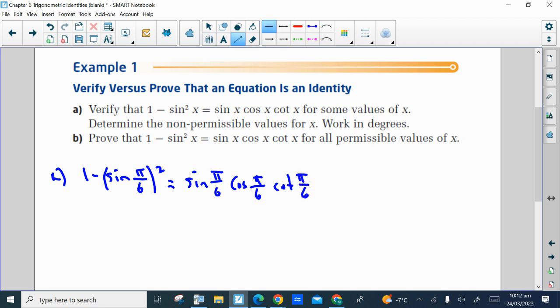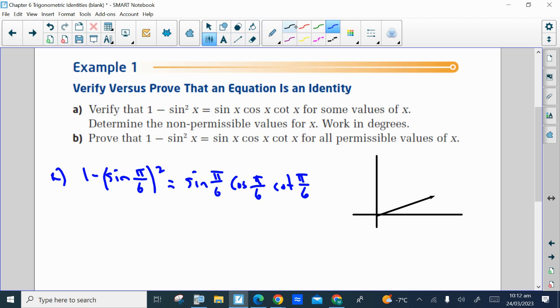At pi on 6, the coordinates there are root 3 over 2, comma, a half, and the tangent was 1 over root 3, which we rationalized to root 3 over 3, but the reason I'm leaving it as 1 over root 3 is because on the right side we are asked for the cotan of pi on 6, which is the reciprocal of the tangent. So it's much easier to take the reciprocal of 1 over root 3 than it would be of root 3 over 3.